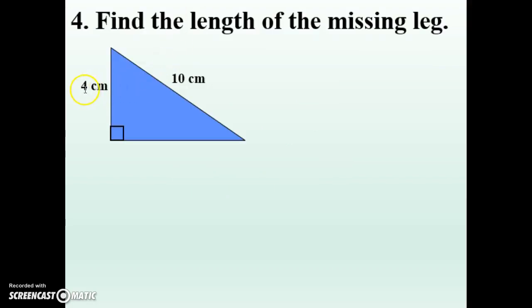Here's another one where we know the measure of a leg and the measure of the hypotenuse, but not the measure of the other leg. Since it's a horizontal measure, we could call it x. So x squared plus 4 squared would have to equal 10 squared, or x squared has to equal 10 squared minus 4 squared.